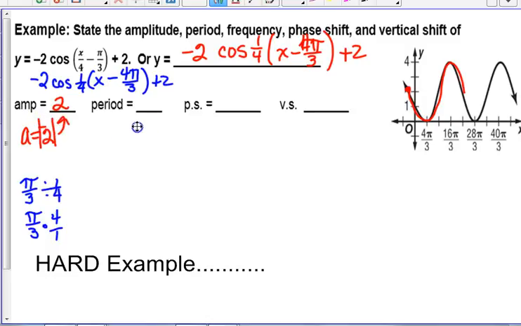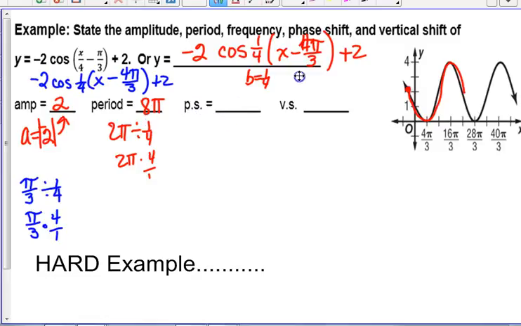It doesn't matter to me. The period is what? 2 pi divided by, what's B? B is 1/4. So 2 pi divided by 1/4 is 2 pi times 4/1, which is 8 pi. We'll talk more about that on the graph in a second. It's really hard to tell what's going on that graph right now. So it takes 8 pi to finish.